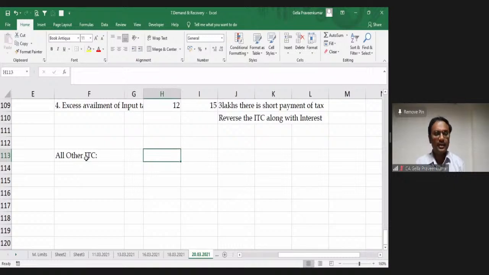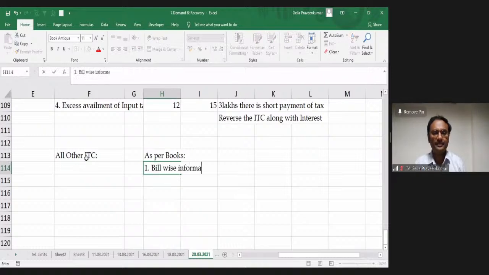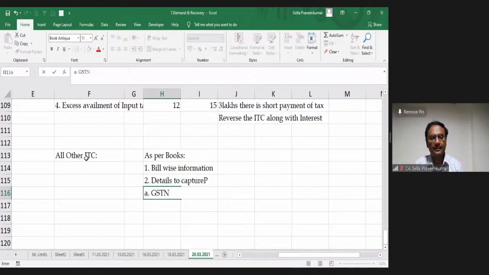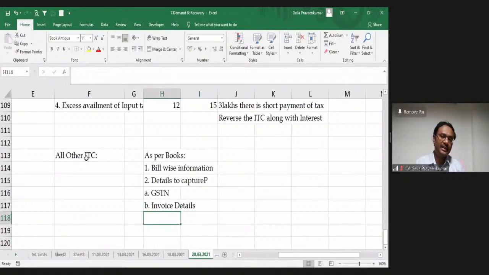Now, as per books, bill-wise information. Second, details to capture. What details? I'll put it here. A, GSTN of supplier. B, invoice details, that is invoice number and invoice date.